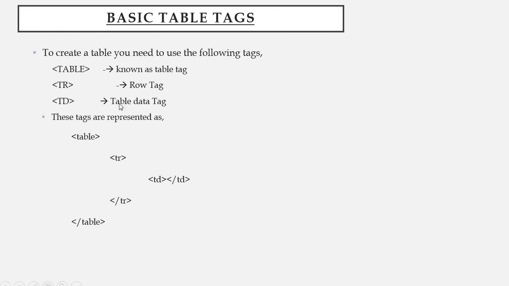These are the compulsory tags which you need to include while creating the table. The tr tag is also a container tag. It draws one row. The td tag adds the columns to that particular row. See, here this is the table. Here we have only one row with one cell. That is one box. You will get one box.